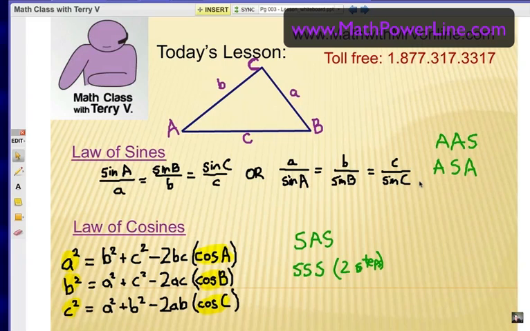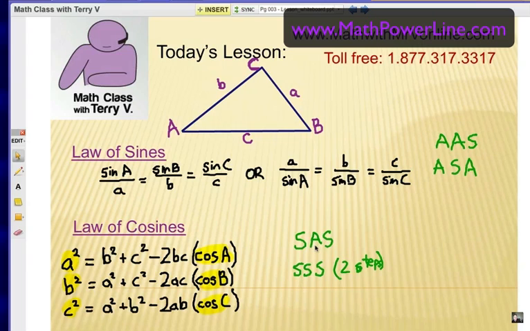Okay? Now I'm going to say this probably multiple times, but here's the rule. If you're given information where you know at least one angle and its opposite side, okay, that's your key right there, one angle and its opposite side, then you'd use the law of sines. Okay, law of cosines is a little bit bigger. It looks like a more complicated formula, and you notice these patterns here that I've highlighted in yellow, but it allows you to find all the rest of the parts if you have side, angle, side.